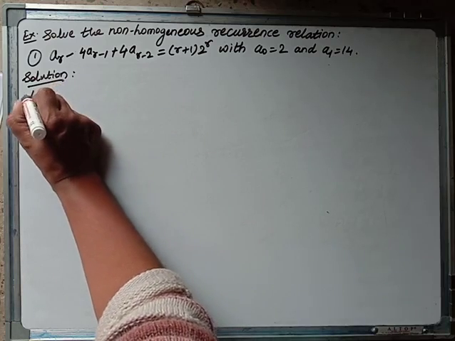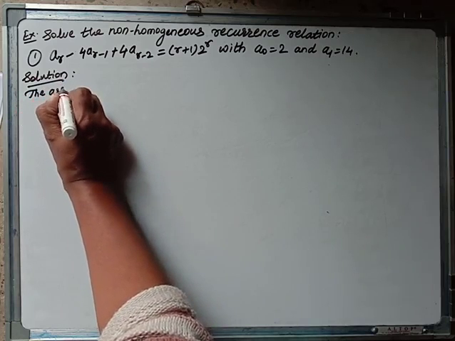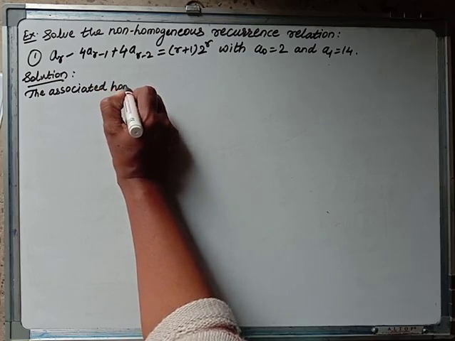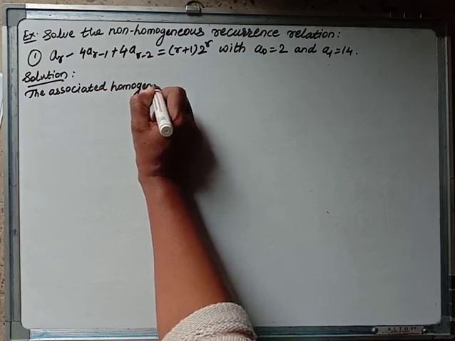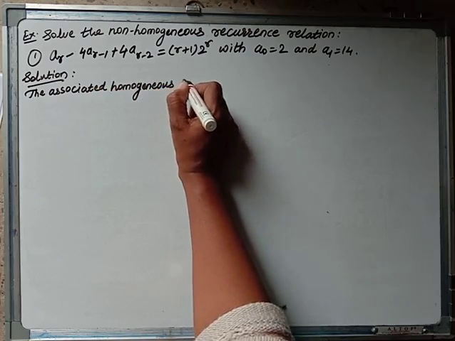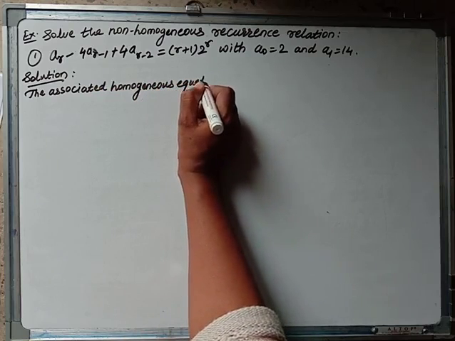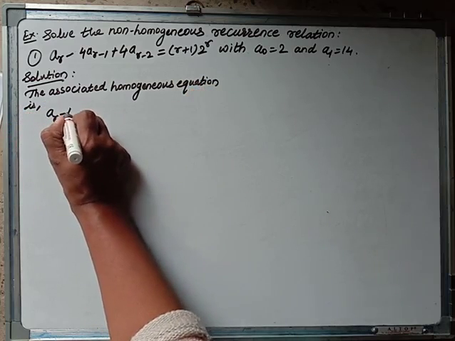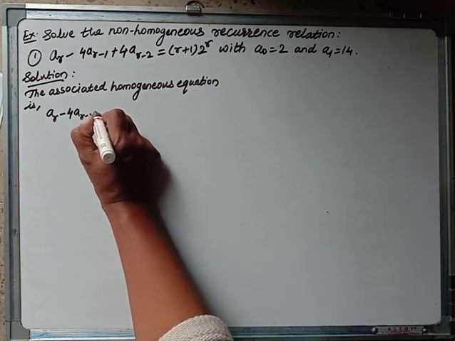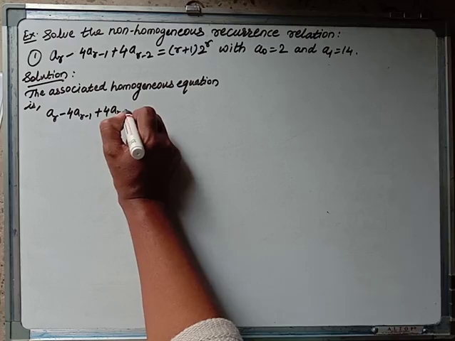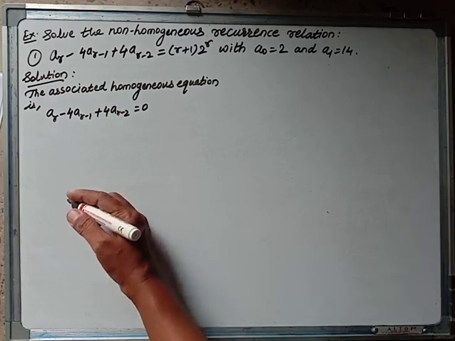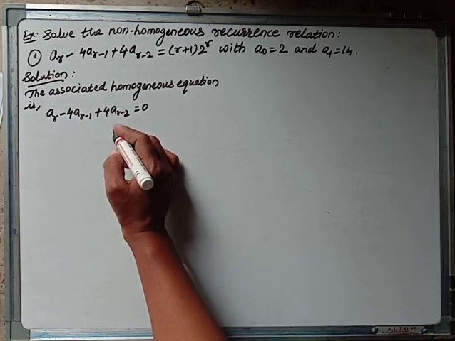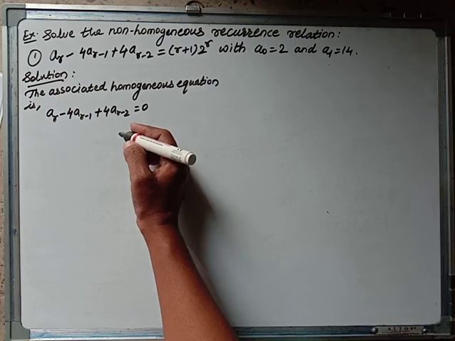So let me write the associated homogeneous equation. It will be a_r minus 4 a_(r-1) plus 4 a_(r-2) is equal to 0. Now let us write the characteristic equation from this, and find the characteristic roots to write down the homogeneous solution.